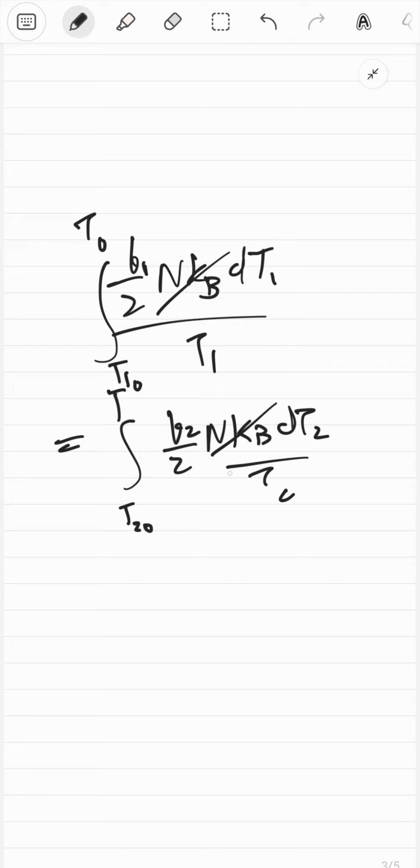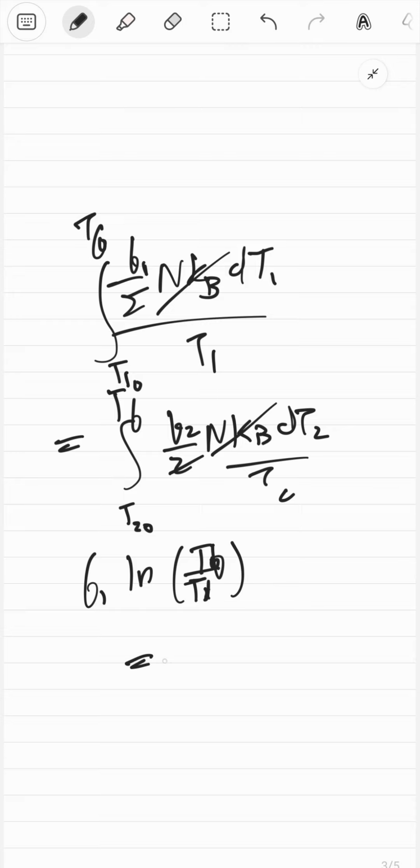So this stuff obviously just cancels. So you just have F1 natural log of T final upon T1 naught. Okay, this should be T final over there. So F1 natural log of T final upon T1 naught is equal to F2 natural log of T final upon T2 naught, right?